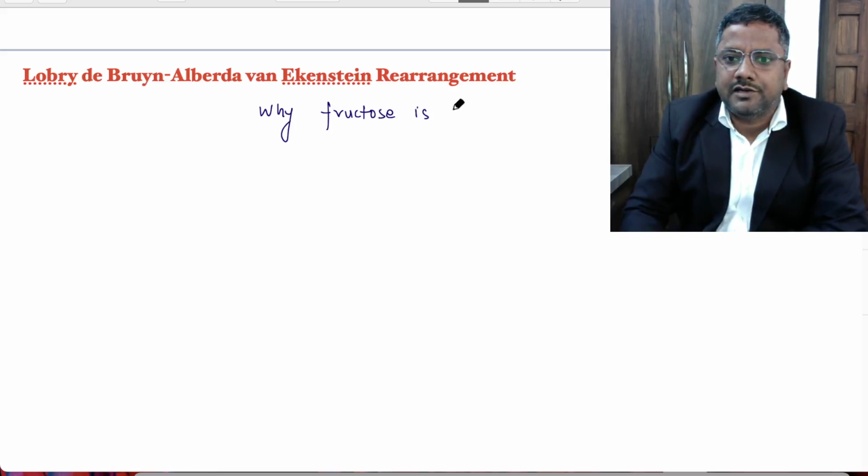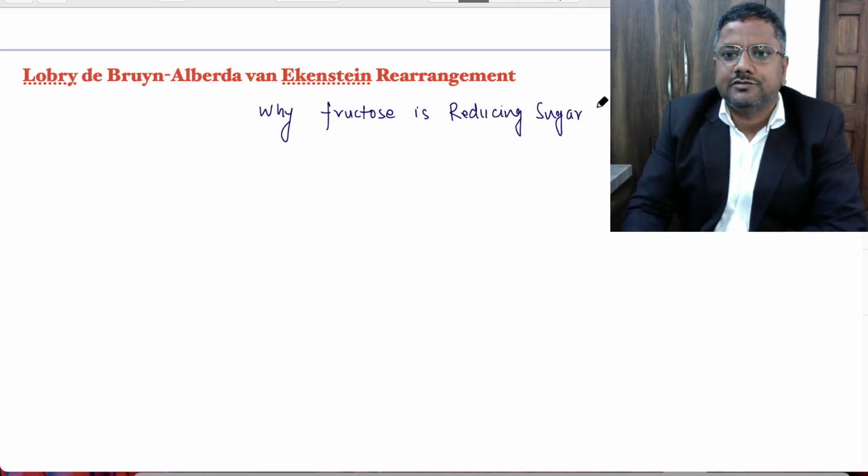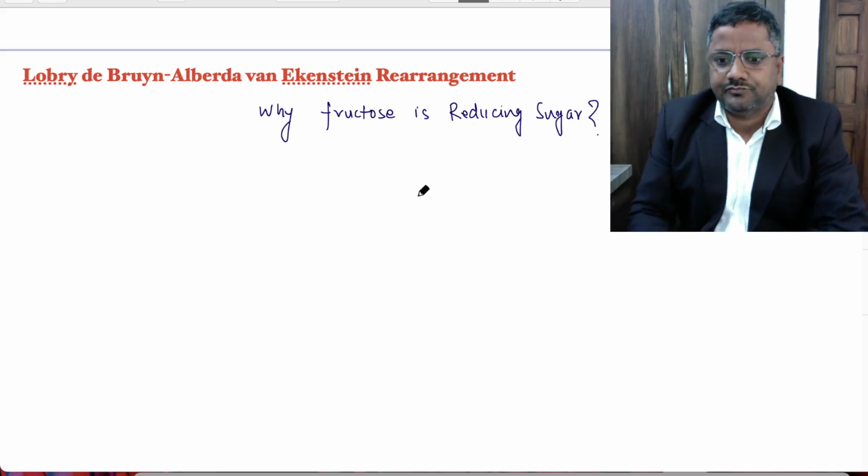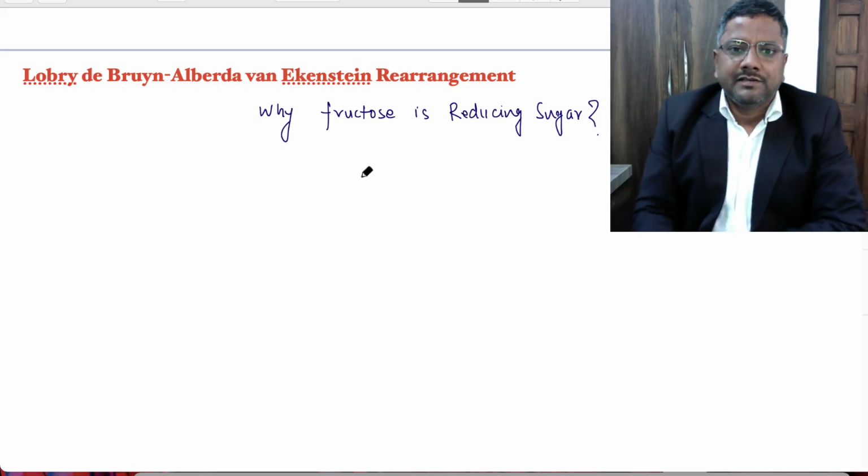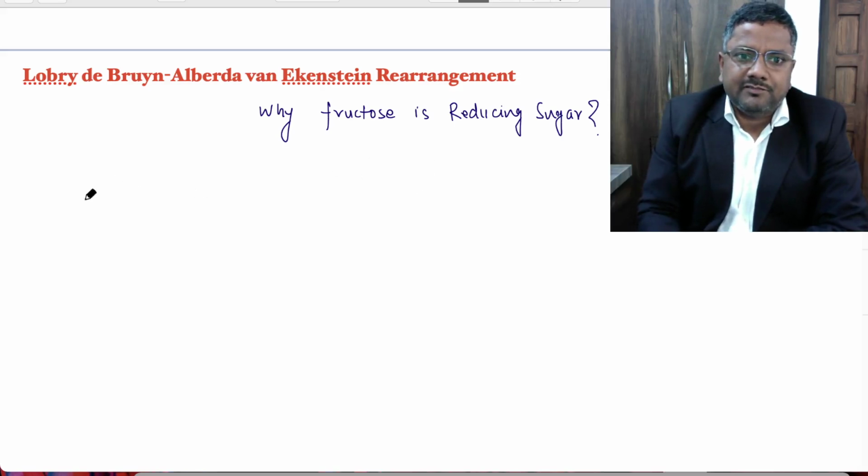Fructose is a reducing sugar, right? Why is fructose a reducing sugar? Okay. See, if we have this structure, as all of you know, CH2OH.